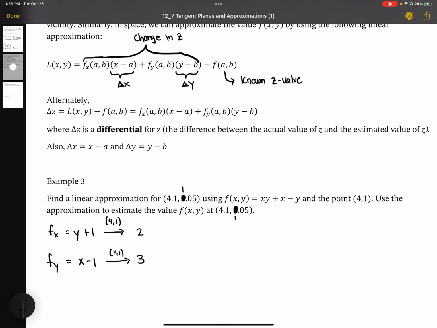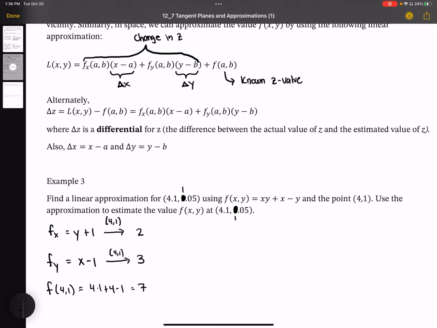Now, according to this, we also need the point f of 4, 1, which is 4 times 1 plus 4 minus 1. That's 8 minus 1, which is 7.